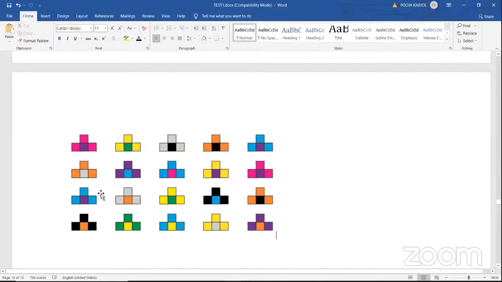Not repeated anywhere either. 1, 2, 3, 4, 5, 6, 7, 8, 9, 10, 11, 12. So how many are there? Yes, 12 is correct.